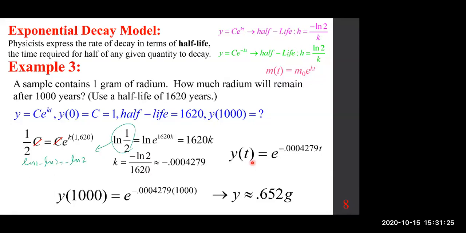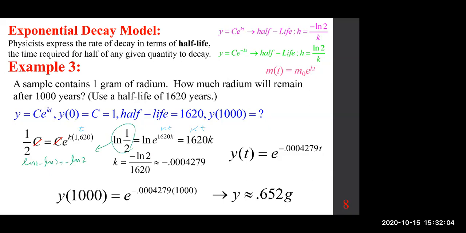If we wanted to find the half-life in general, it works out the same way. As I mentioned, for this one, we end up with minus ln2 over k. So right here, if you had kept this as a t, then you would get ln of 1/2, which is ln of e to the power of kt, which becomes kt.